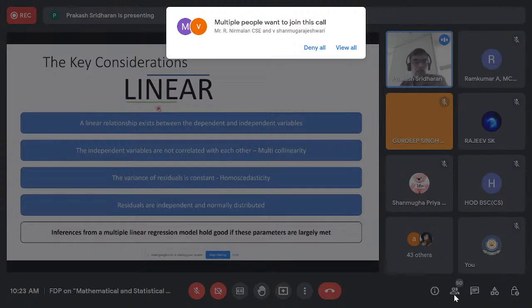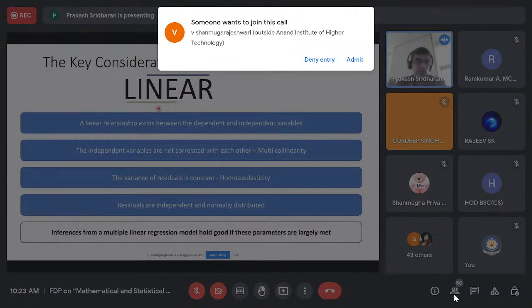You may need a non-linear equation, or a different kind of modeling technique altogether, unless you can remedy these problems through some steps. We'll talk about those steps also. So these are the key considerations when you're dealing with linear regression.